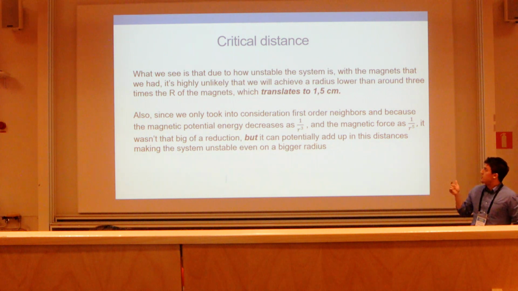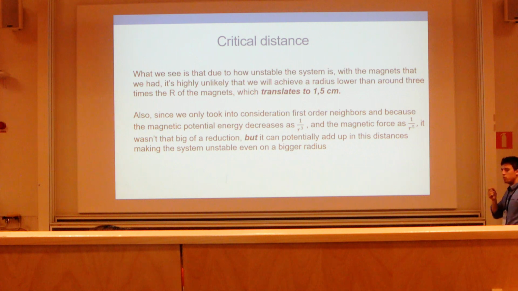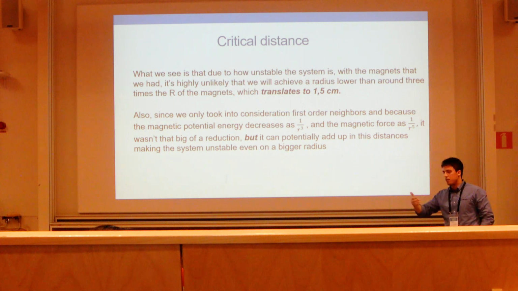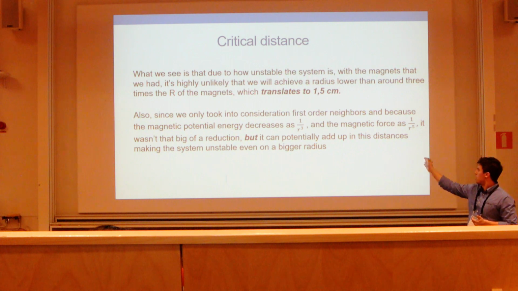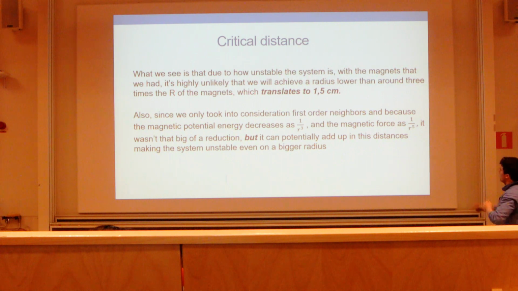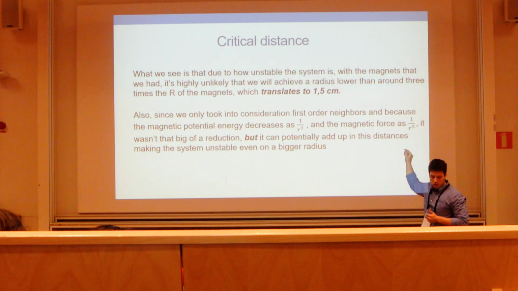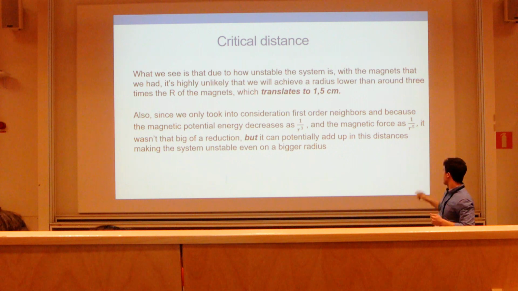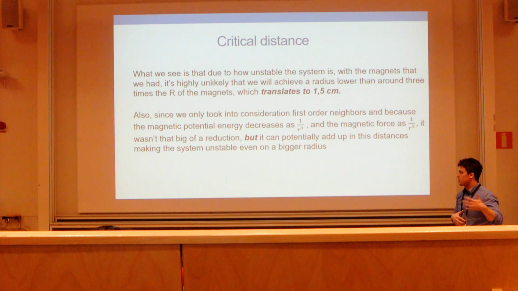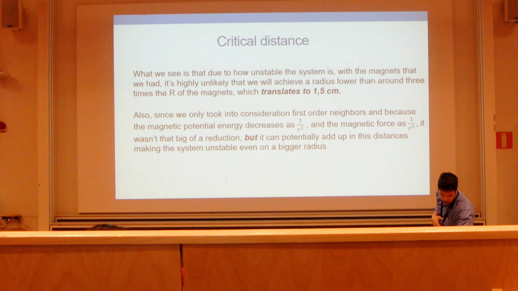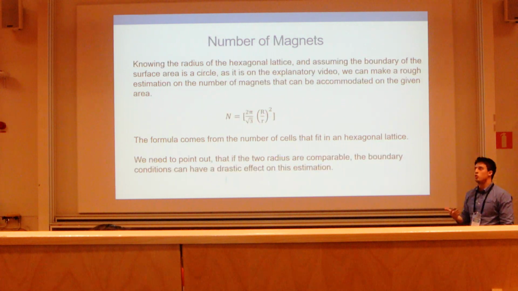Also, since we only took into consideration the first neighbors, so as to make the math easier, this wasn't too much of a narrow reduction, since the magnetic potential energy increases as 1 over r cubed and the magnetic force as 1 over r to the power 4. Sorry, this is wrong. It was not a big reduction, but it can potentially add up at these kinds of distances, so it can make the system even more stable.